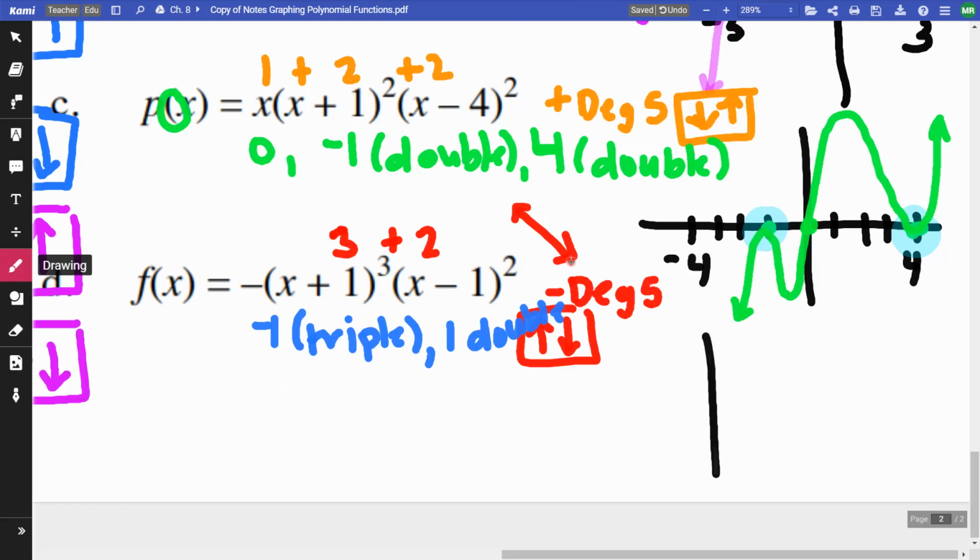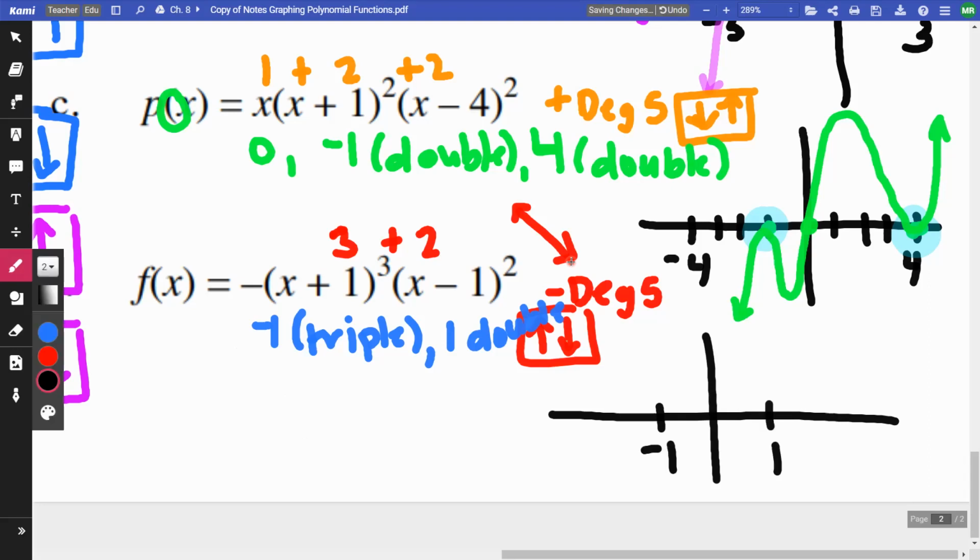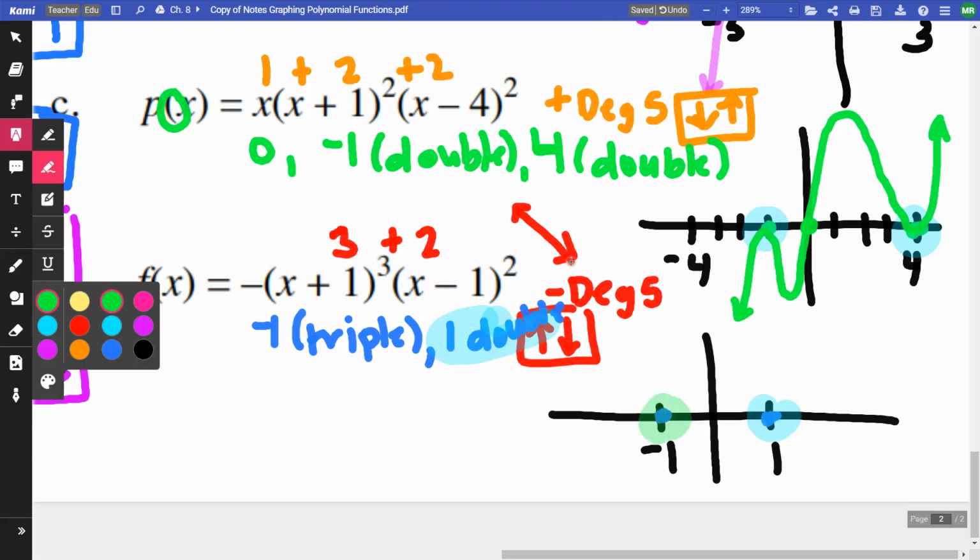So if I draw this one, I basically only have 1 and -1. Okay. So for this one, I have a point here and I have a point here. Now I have to pay attention. This one here was my double, and this one here is my triple. Okay, so I just want to pay attention.